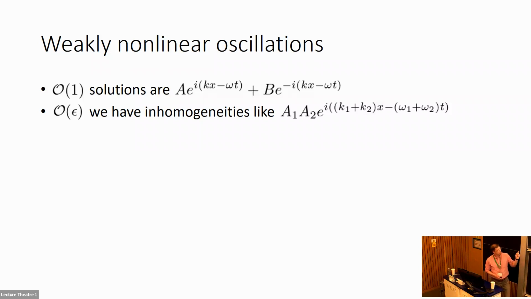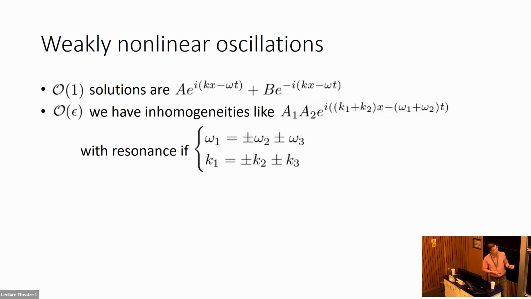If I take a linear solution that looks like e to the plus or minus i(kx minus omega t), the inhomogeneities are products of those, and in the exponential, that sums together. Then you're looking for when something exciting is happening. Well, usually when you've got inhomogeneities on an equation, it's exciting when the forcing has the same frequency as a free solution. In this case, we've got frequency and wave number.